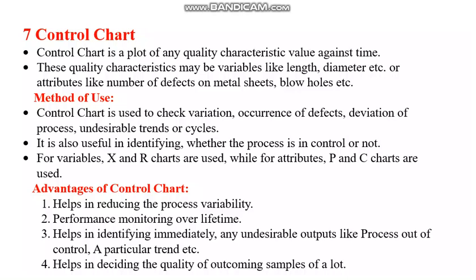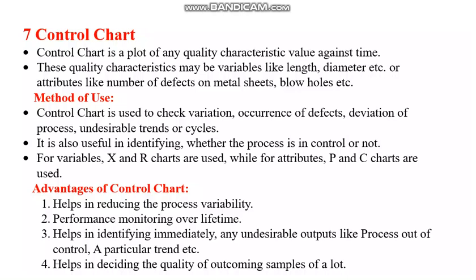So what are the methods of using these control charts? Control charts are used for variations or occurrences of defects, deviations from the process, undesirable trends, or undesirable cycles that are coming. For finding that, you can use the control chart.